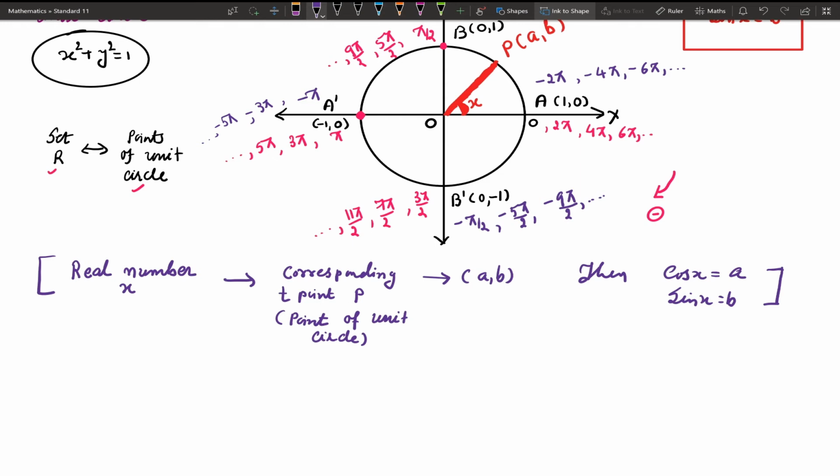The T point is the trigonometric point, or trigonometric point is nothing but a point of the unit circle. If its coordinates are a, b, then the x coordinate is cos x equal to a, and the y coordinate b indicates the sin function, sin x equal to b.